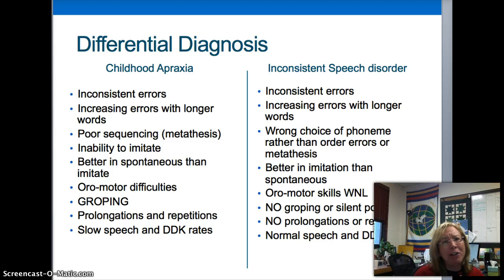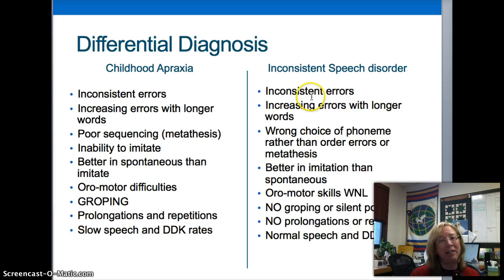Here's that differential diagnosis I was talking about. As I was describing, some of you may have been thinking, do these kids have apraxia? The answer is no, they do not have apraxia. When we think about children with apraxia, and again, we'll have a whole session on apraxia, we'll see that children with apraxia have inconsistent errors.